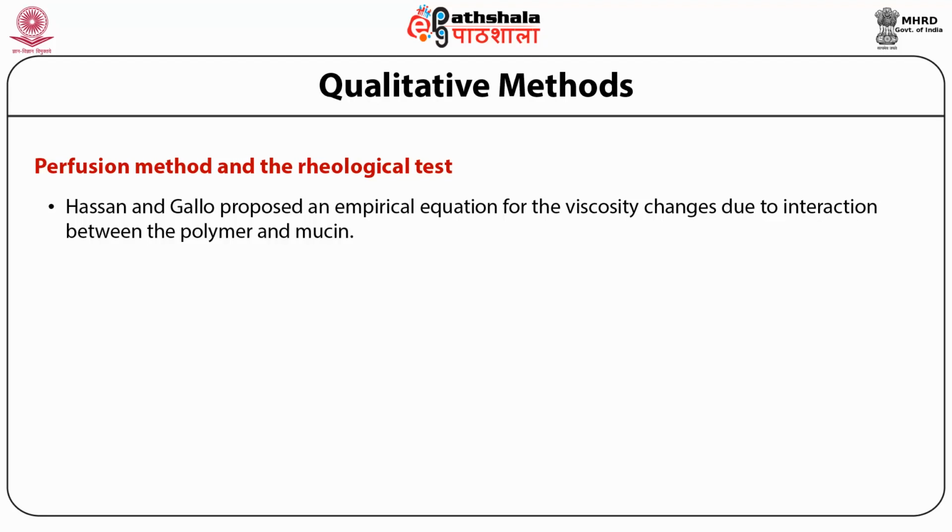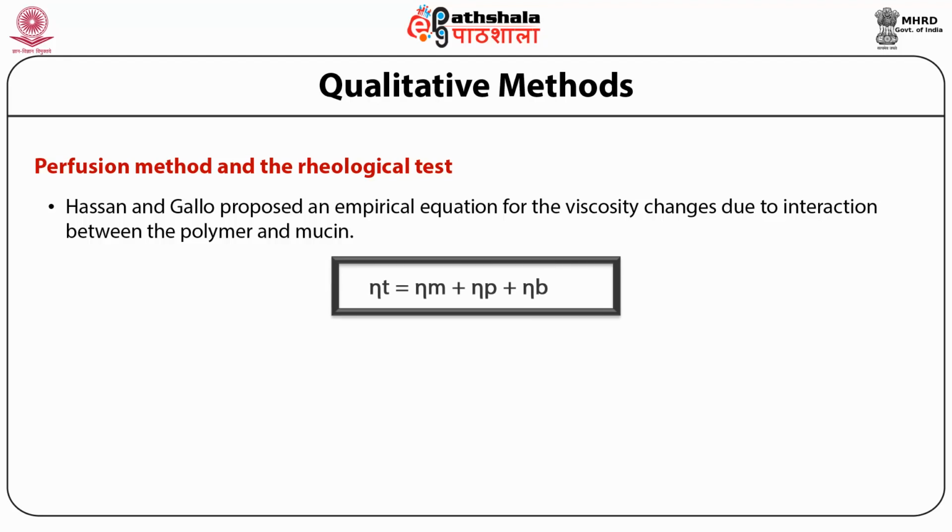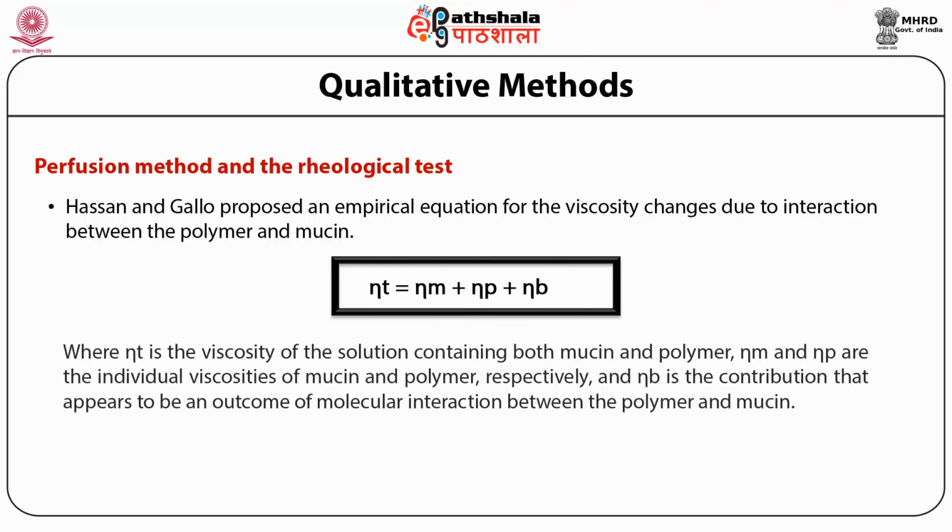They proposed an empirical equation for the viscosity changes due to the interaction between the polymer and mucin, such as eta T is equal to eta M plus eta P plus eta B, where eta T is the viscosity of the solution containing both mucin and polymer, and eta M and eta P are the individual viscosities of mucin and polymer respectively, and eta B is the contribution that appears to be an outcome of molecular interaction between the polymer and mucin.